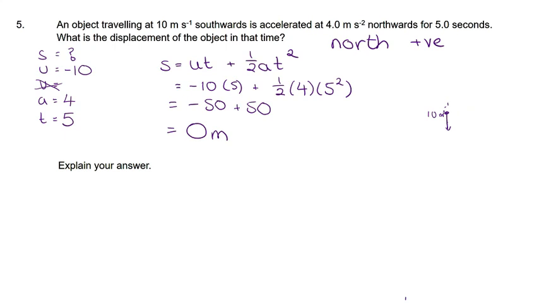So it starts to slow down in the southerly direction until it stops, okay? Then, it continues accelerating north. So it's going to start to gain velocity in the northerly direction. So it's going to come back. And after 5 seconds, it ends up back at its starting point. So I'm just going to write that in words so that you've got something to copy down.